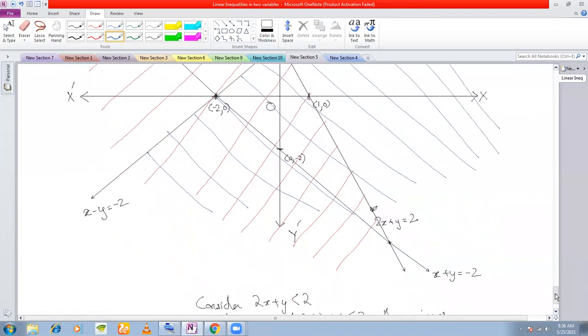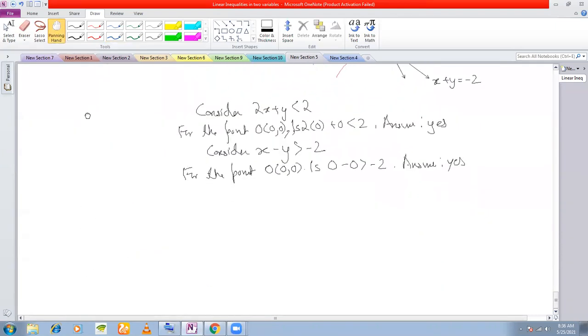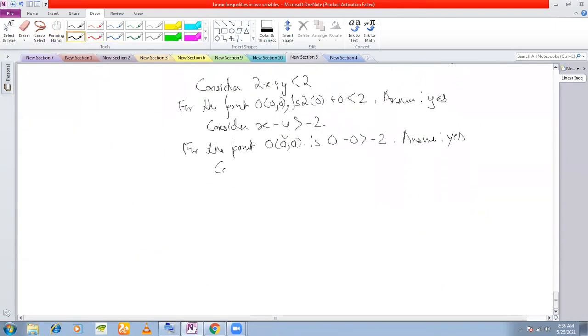Okay. Consider the third one. Third inequality is x plus y greater than minus 2.